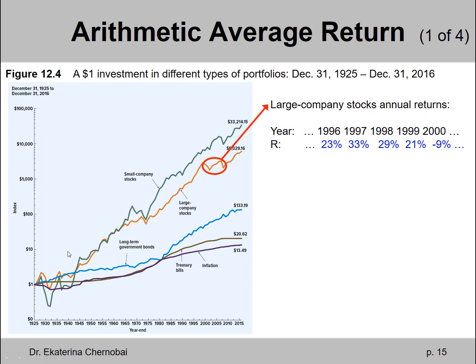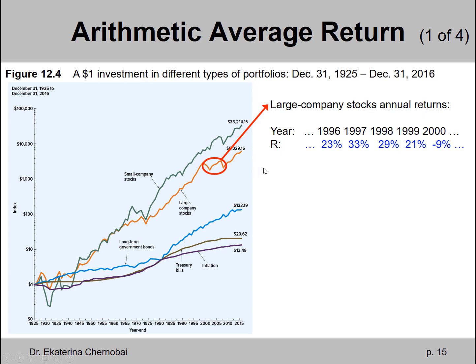So we can technically take all these dollar amounts for the end of each year and convert them into percentage changes from 1 year to the next. So in the year 1996, if you check the textbook, which shows those calculated percentage returns for you, the return for the large company stocks is 23%. For the year 1997, it's 33%, and so on.